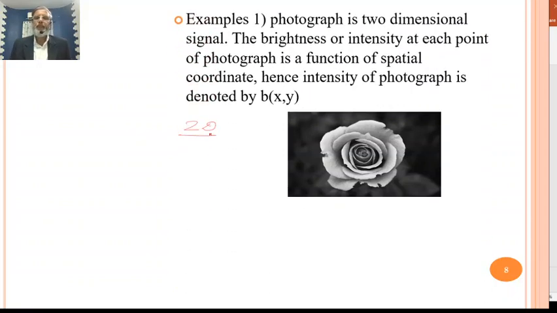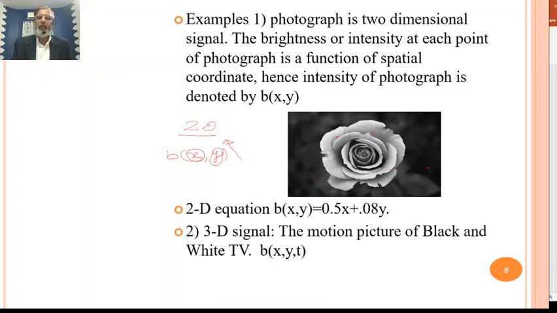Here the intensity or the brightness at each point of the photograph is a function of spatial coordinates, that is x and y. Means this is a function of two independent variables x and y. Hence this signal is called a two-dimensional signal.